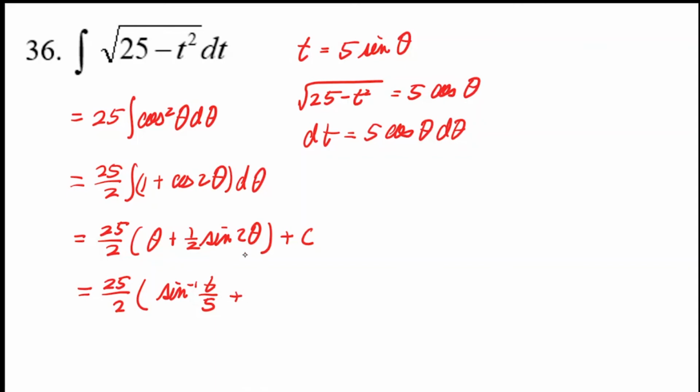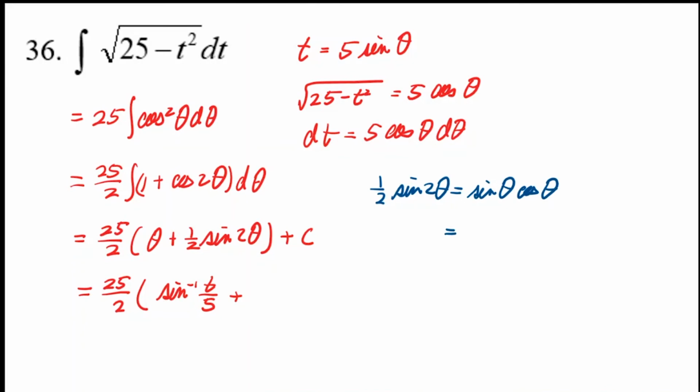Plus, what is sine 2 theta? Okay, let me work that out on the side. 1/2 sine 2 theta. What was the identity of sine 2 theta? It was 2 sine theta cosine theta. With that half, it just becomes sine theta and cosine theta.